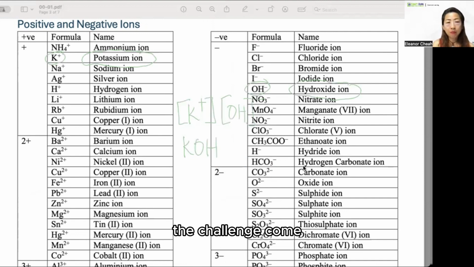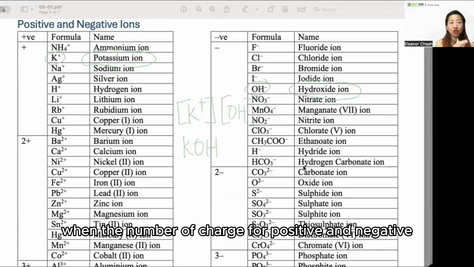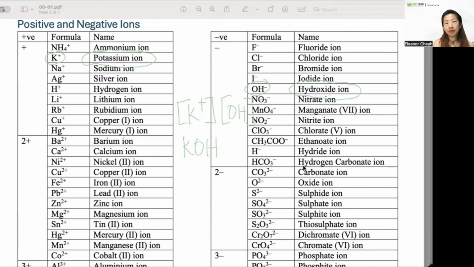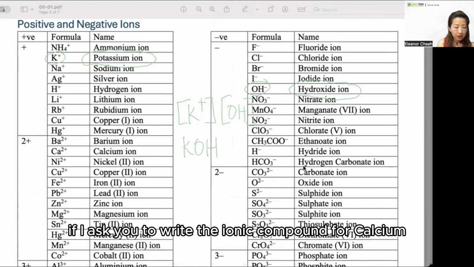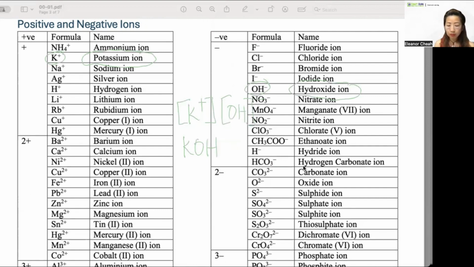The challenge comes when the number of charges for positive and negative is not equal. Example, if I ask you to write the ionic compound for calcium fluoride, how would you write it?